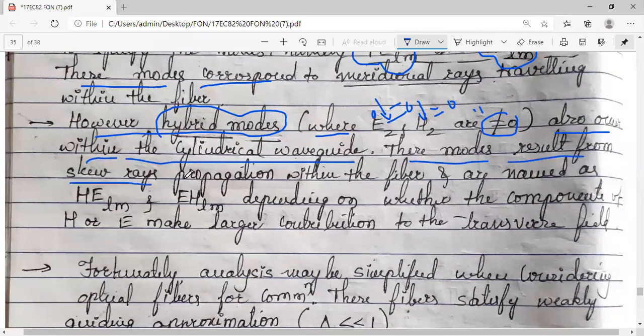Remember, in case of planar waveguides, the modes exist due to the meridional rays, and that too in a single dimension. But in case of cylindrical waveguide, the modes exist because of the skew rays, and they are hybrid modes. We use two integers L and M to represent the modes. For the fiber, we name those modes differently.